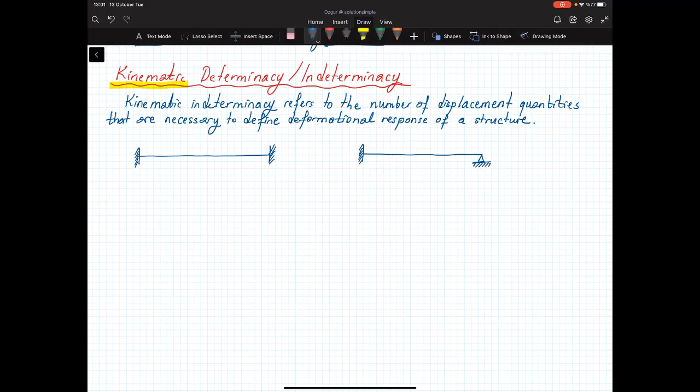Let's say that's point A and that's point B, and they are both under uniformly distributed load. Now, for us, the first one is a kinematically determinate structure.